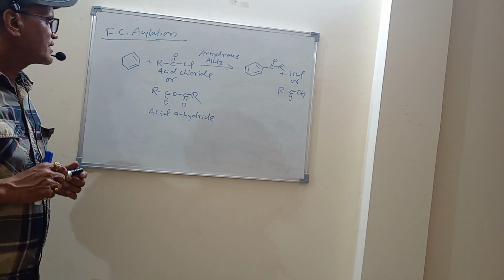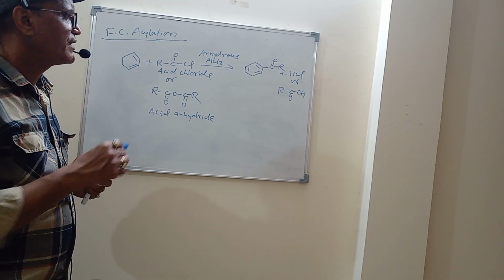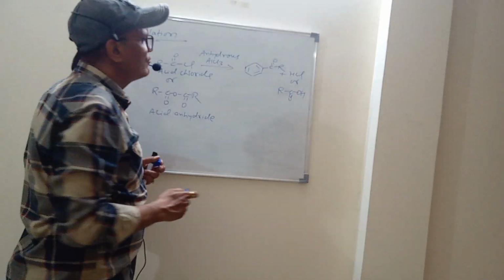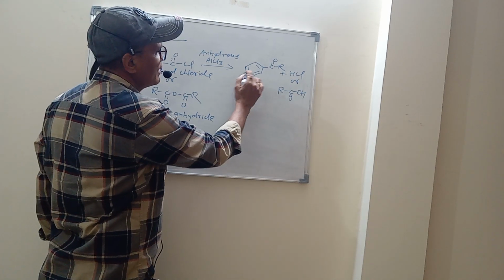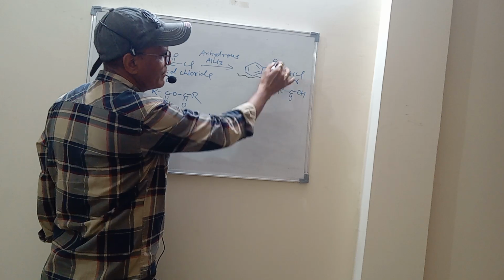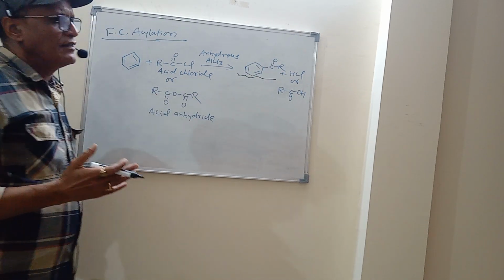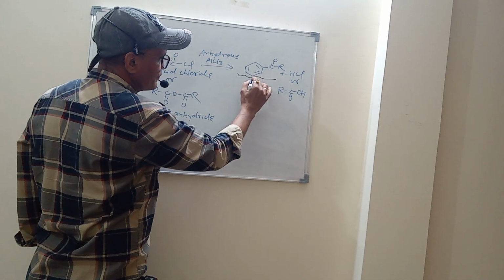So the next step here we have to consider is the mechanism step, and before going to that we can convert this product into alkyl benzene also. CO can be reduced to CH2 by using Wolff-Kishner reduction or Clemmensen reduction.